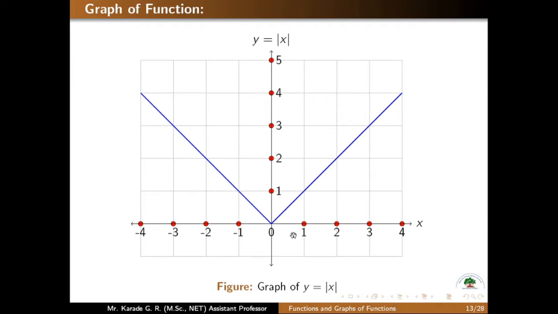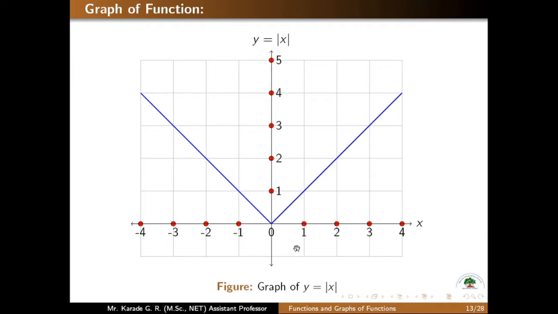So this function is divided into two parts. On the right side of the y-axis we have one part of that graph, and on the left side of the y-axis we have another part of that graph.